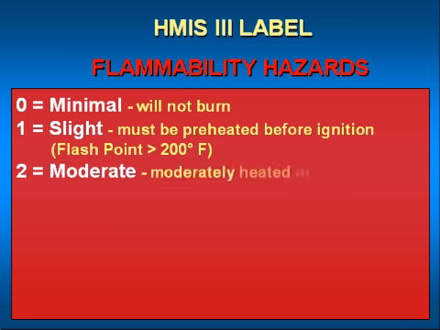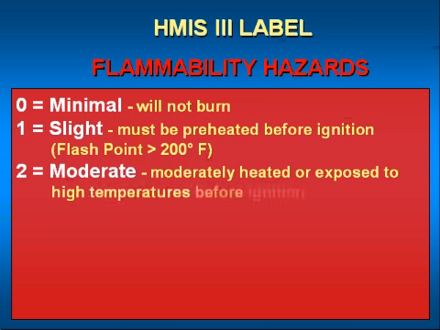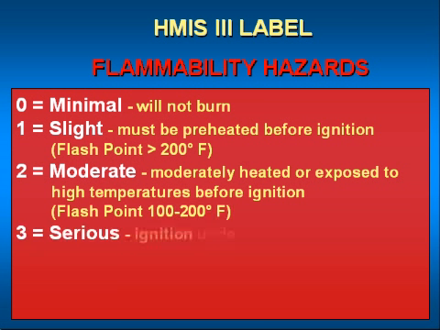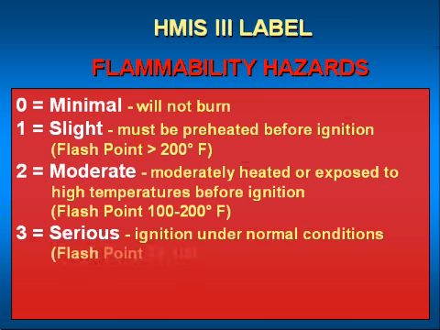With item number 2, the flash point has moved between 100 and 200 degrees Fahrenheit, and in plain words, it's becoming more likely to catch fire. Number 3, the flash point has dropped now to 73 to 100, which under most situations, unless it's the middle of winter, makes it a very volatile chemical.